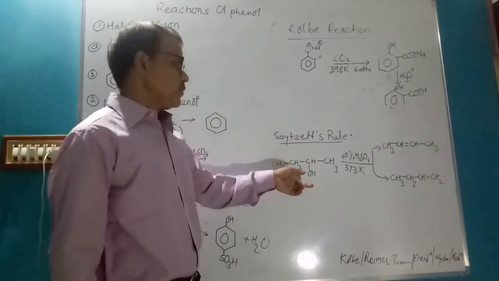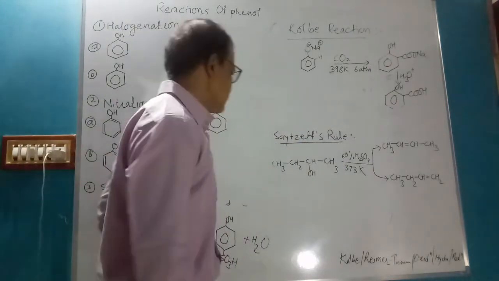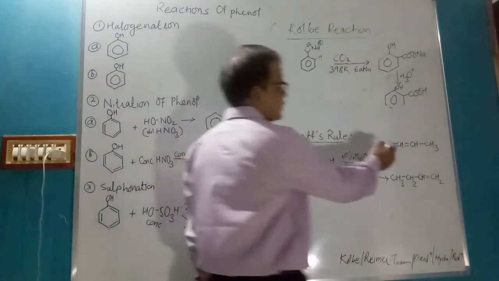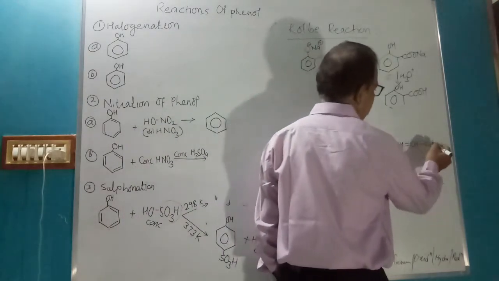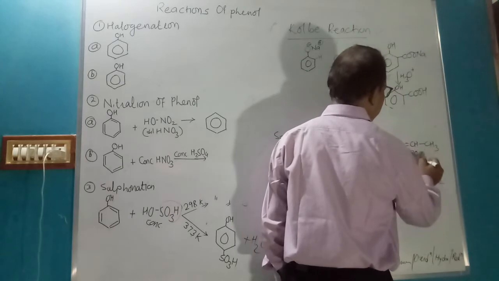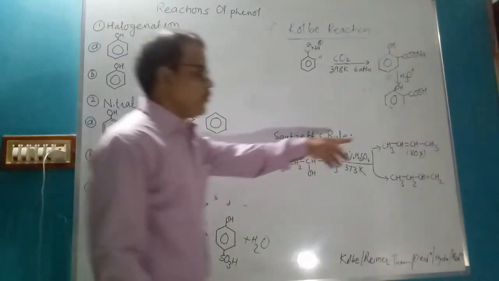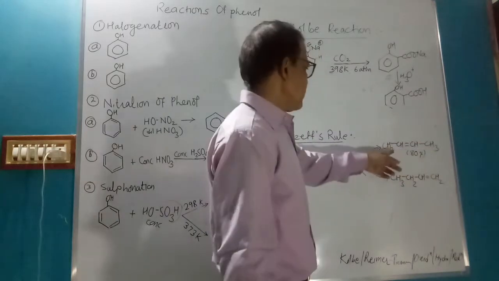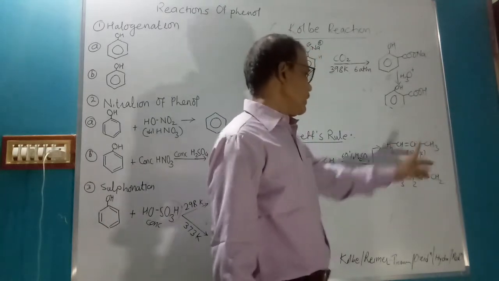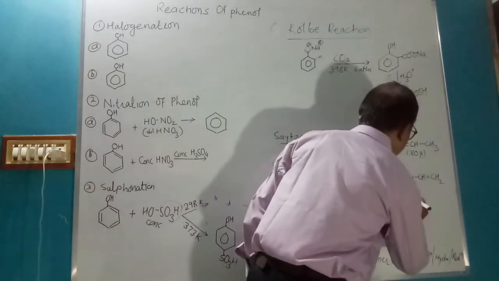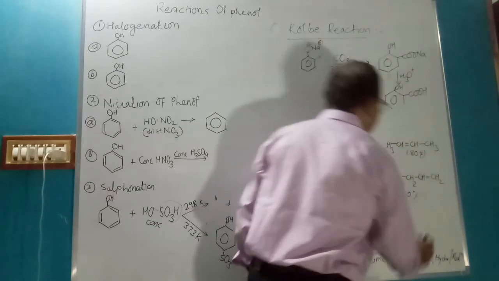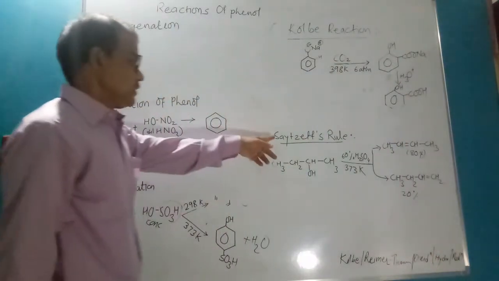Dehydration of alcohols, formation of alkenes. This product, 80%, is 2-butene. Alkene formed is 2-butene 80% and this is 20% 1-butene. So that is Saytzeff's rule.